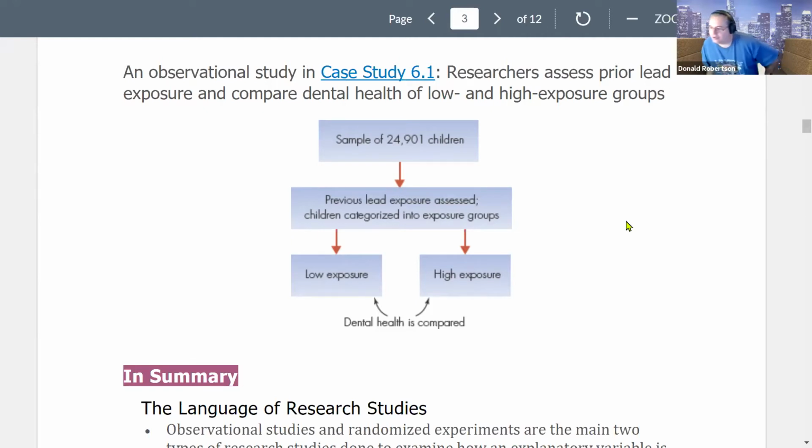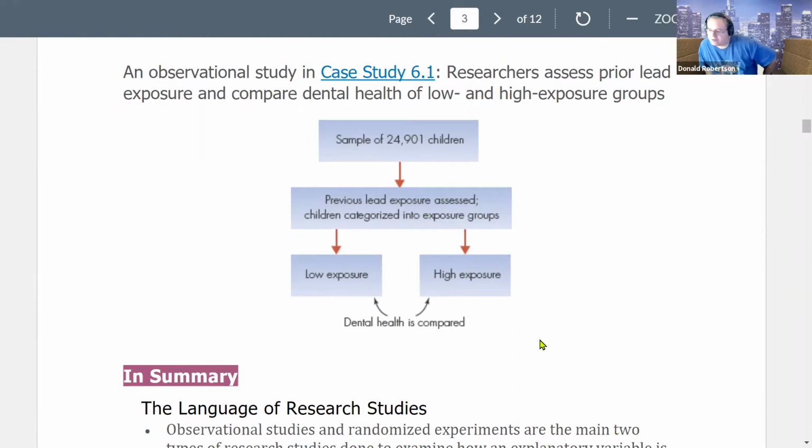Did the kid get toys that had lead paint on them, right? So you put them into two groups, low exposure and high exposure. In this case, they looked at the dental health. Lead poisoning affects development of the brain.